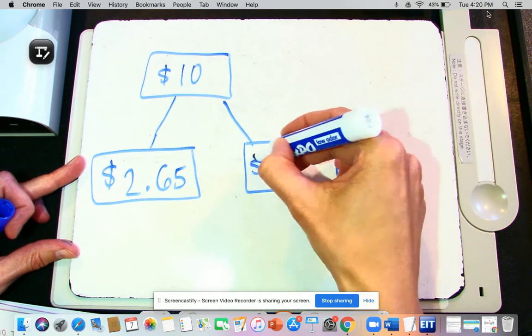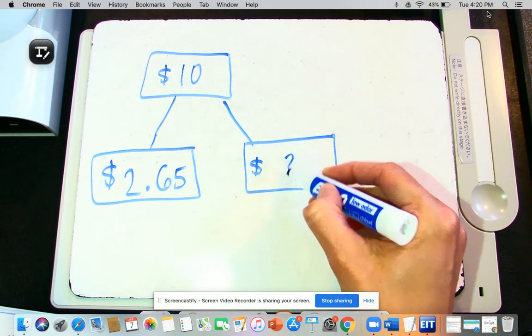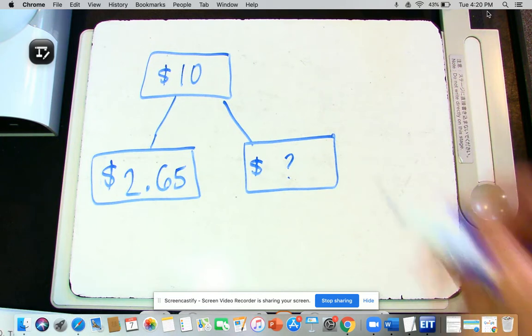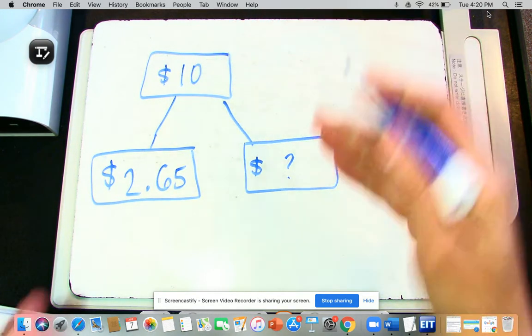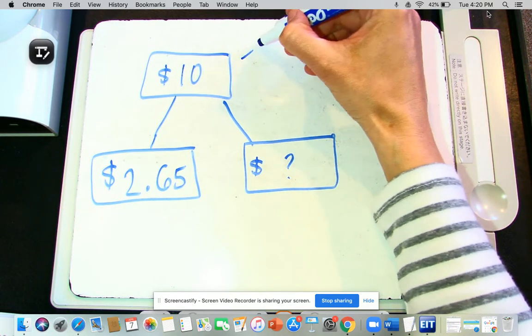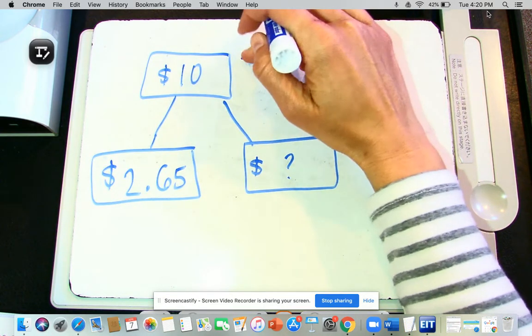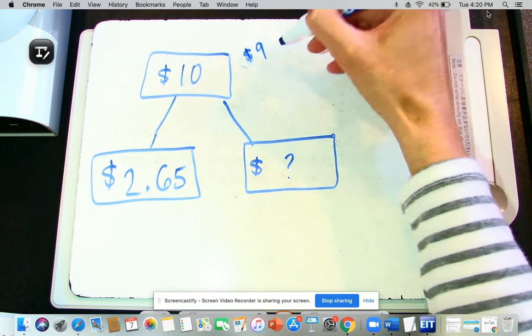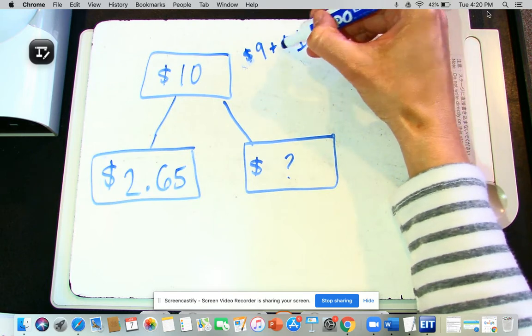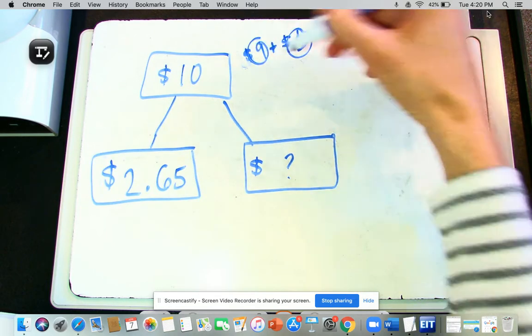And then we're trying to figure out what is this other amount that goes here. So let's try our strategy about thinking of this $10. We're trying to make these two parts equal $10. And we can think of it as, this is the same as, let's see, $9 plus $1. And we know that 9 and 1 make $10.